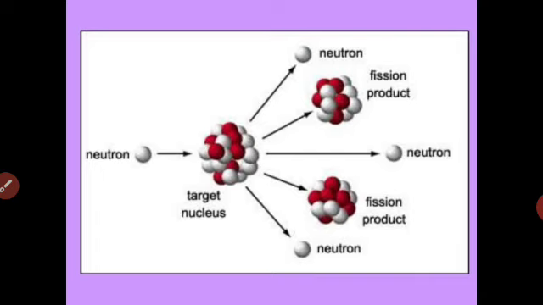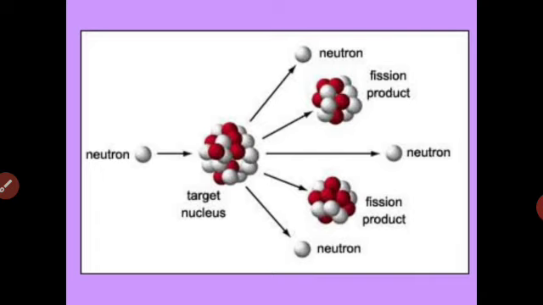Now these 3 neutrons are traveling with very high speed and they may bombard 3 more uranium nuclei. Thus, the process goes on. In every fission reaction, we have 3 neutrons produced which go and hit 3 more uranium nuclei.